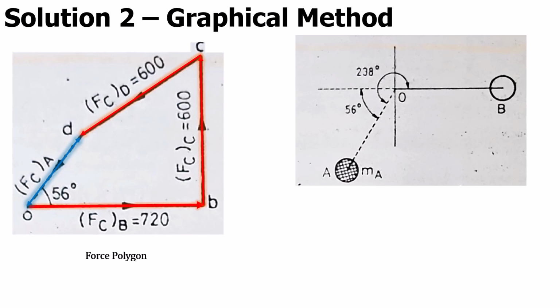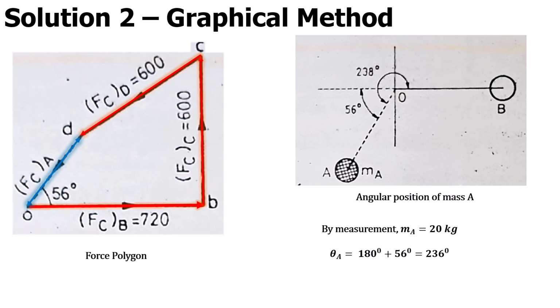And we now know the position of the mass is placed at 236 degrees, and this ensures both static and dynamic balance. So by measurement, we should be able to get mass mA to be equal to 20 kilograms, and the angle is 236 degrees.